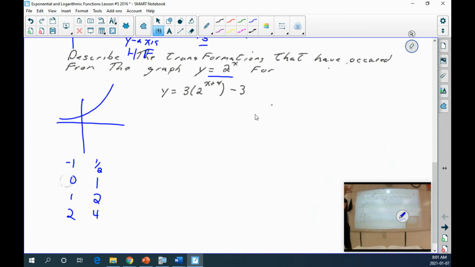Now, if we wanted to plot that by using this, we can define or find our stretches and reflections. What we have here is we have the 3 outside the function. So we have a vertical stretch by a factor of 3.